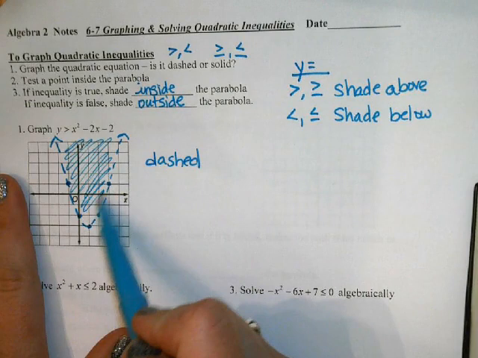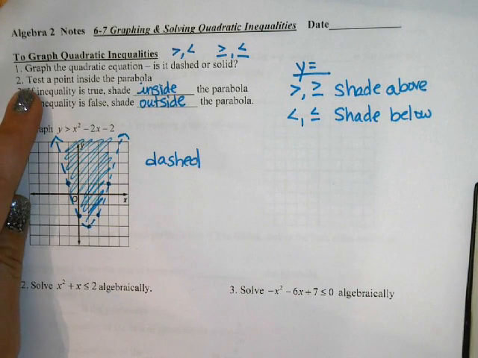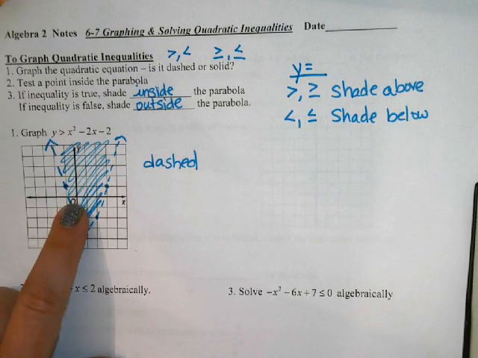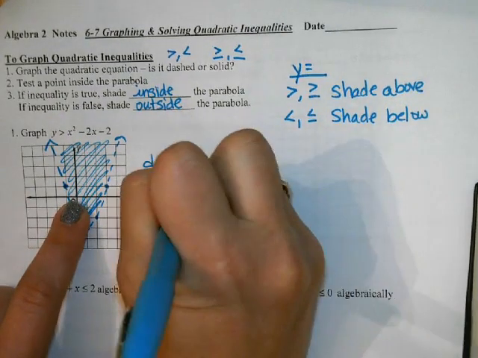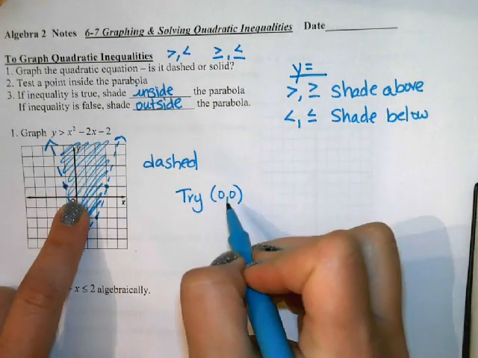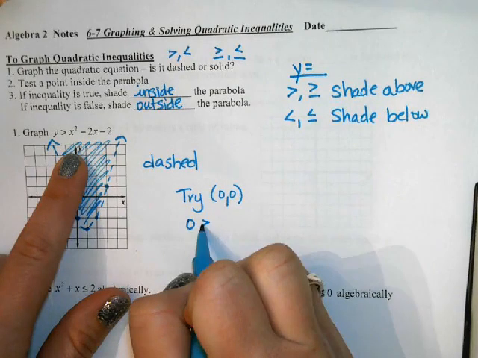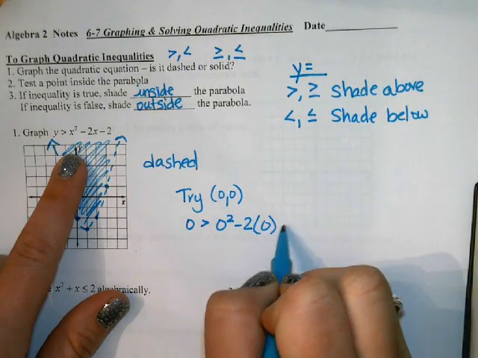It also said you could test a point, just like we were doing before. The easiest point to try is 0, 0, as long as your graph doesn't go through him. So is 0 greater than 0 squared minus 2 times 0 minus 2?